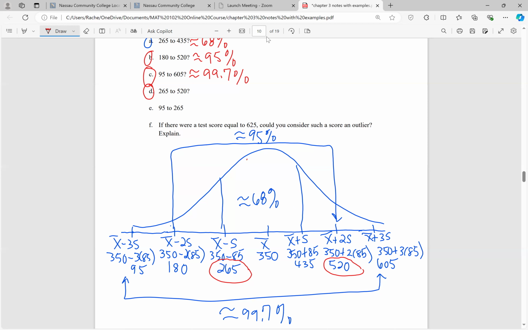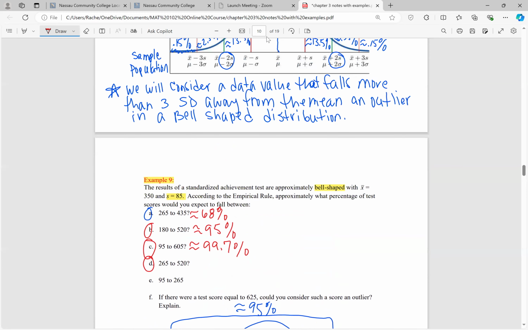So now we're looking at this shaded area, right? The area that I just shaded in red contains the scores that are between a 265 and a 520. So we need to know this little piece here of shaded area, because I already know from 265 to 435, that's 68%.